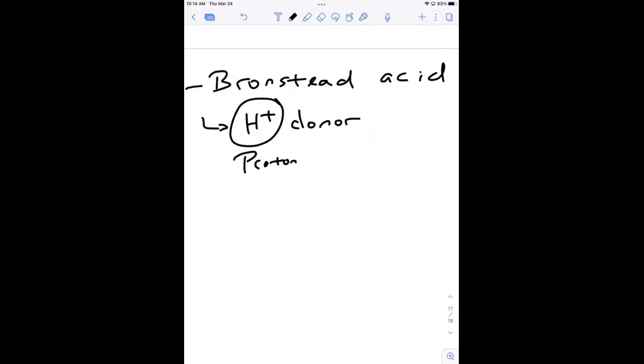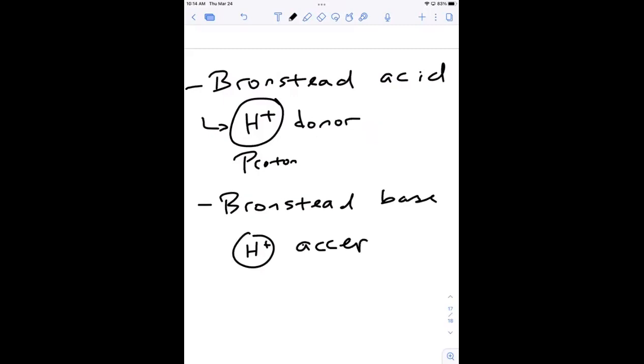And a Bronsted base is an H+ acceptor. Right, so it's a proton acceptor. These two go hand in hand.